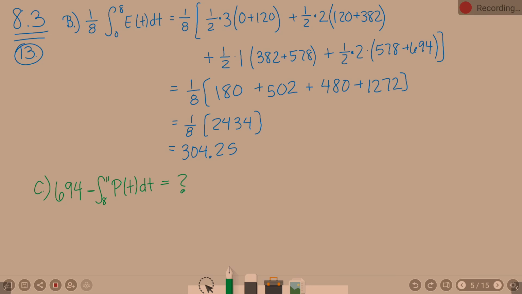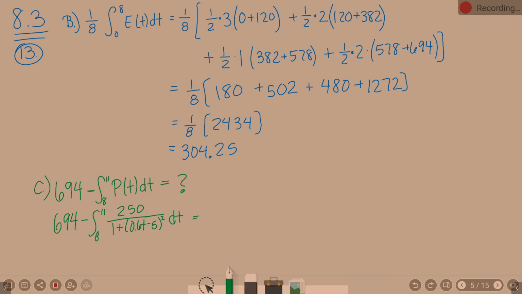Okay. This one is definitely a calculator one. So this would definitely be doing 694 minus the integral from 8 to 11 of that formula, 250 over 1 plus 0.6t minus 5 quantity squared dt.